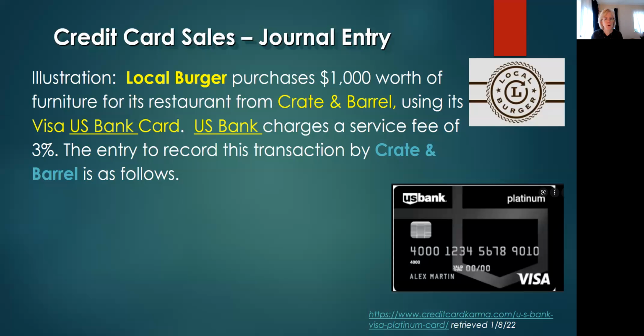So local burger bought furniture from Crate and Barrel. Local burger people used a credit card to buy $1,000 worth of furniture. They used their US Bank Visa to do it. And the US Bank, the issuer, charges 3% to Crate and Barrel.